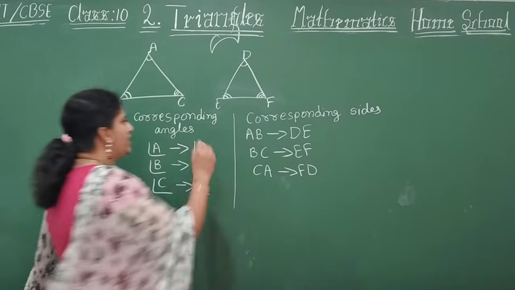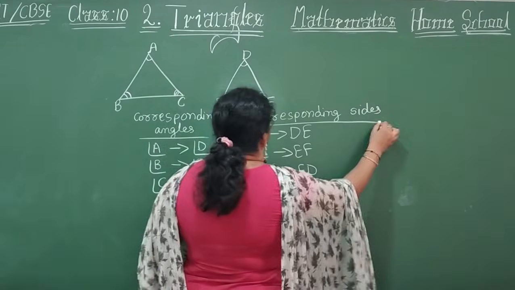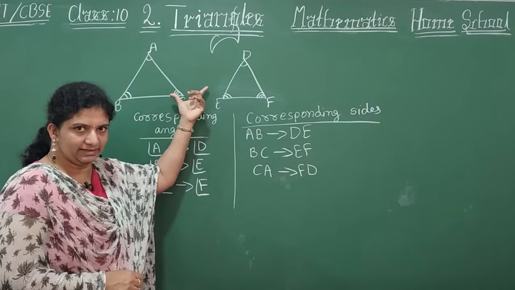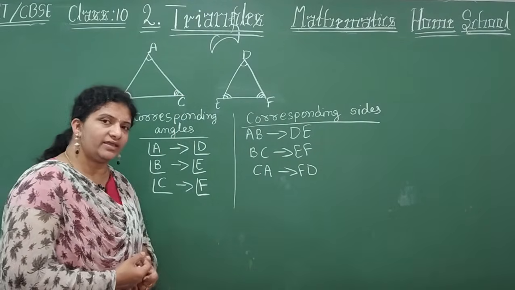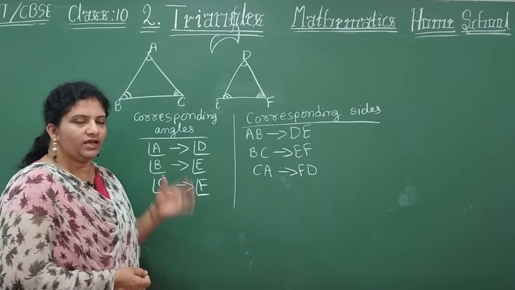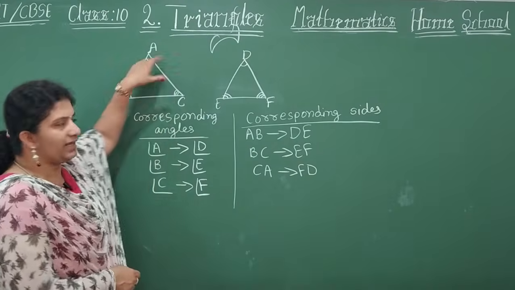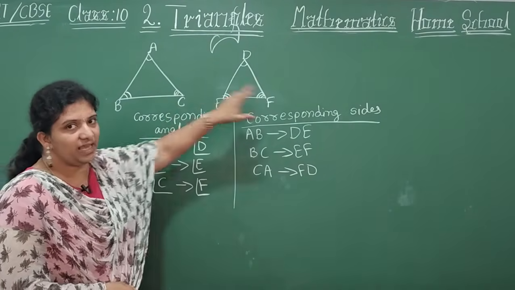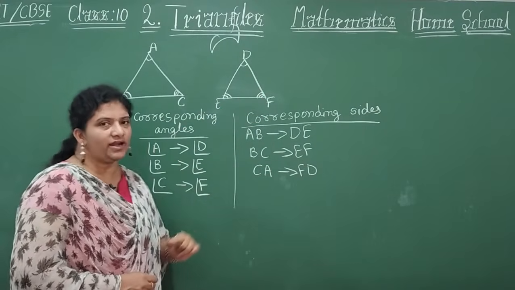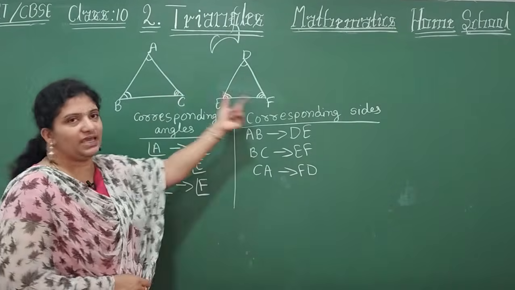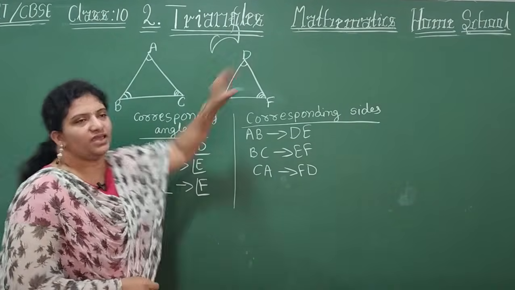So look here children, observe carefully. When we consider any two triangles, how do we compare their corresponding sides and angles? When nothing is given, observe carefully: angle A, angle D, angle B, angle E, angle C, angle F. Corresponding sides: AB, DE, BC, EF, CA, FD.